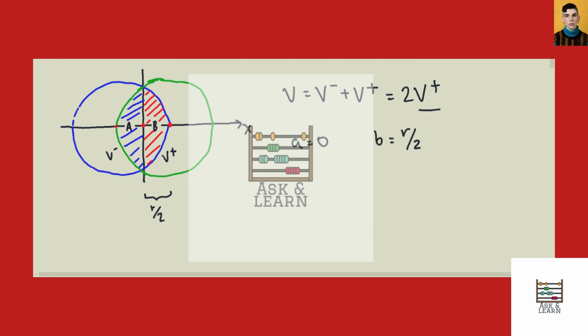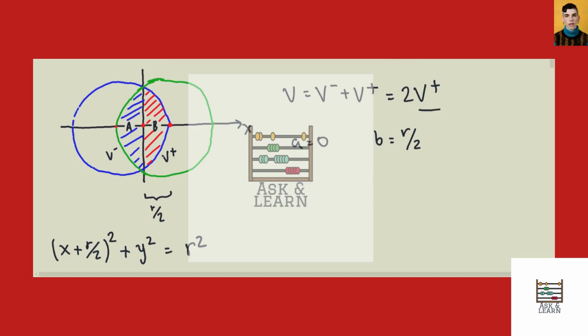And from the equation of the circle, in this case the blue one, we know the equation should be as follows: x plus r over 2, squared, plus y squared, and this should be equal to the radius of the circle, which is simply r, squared.